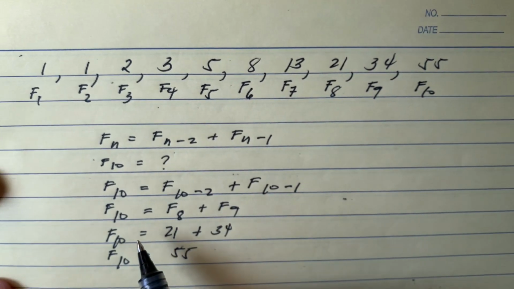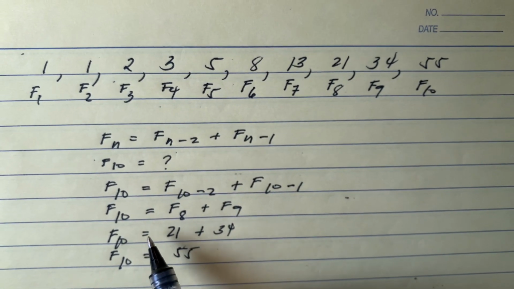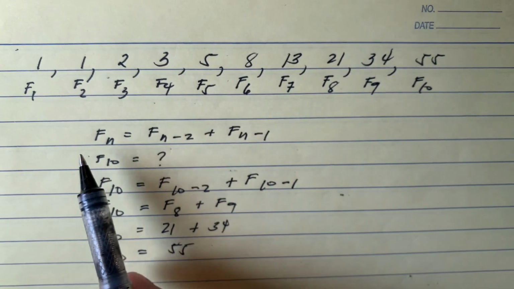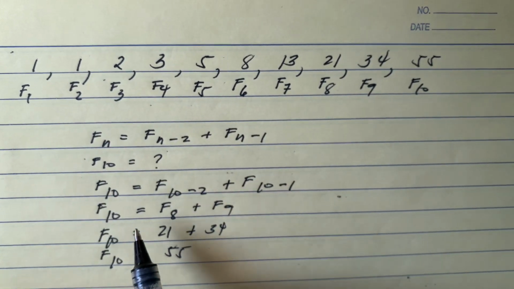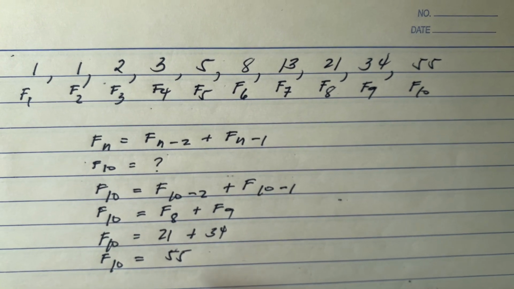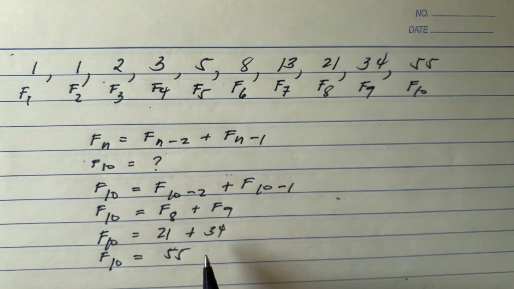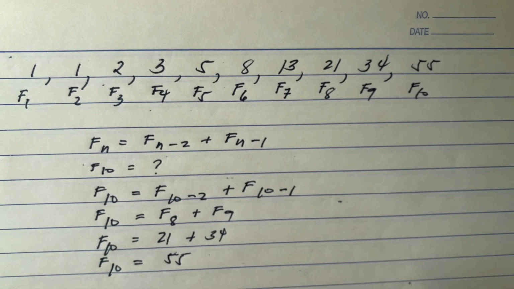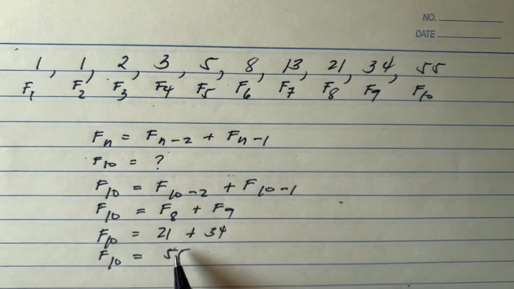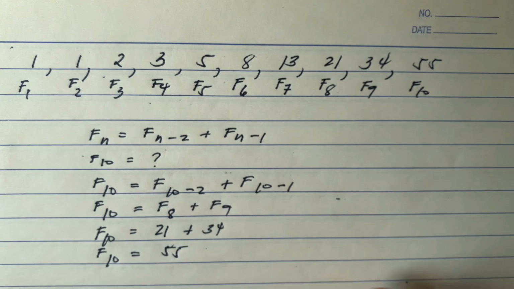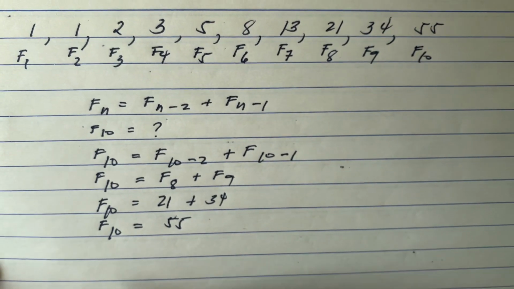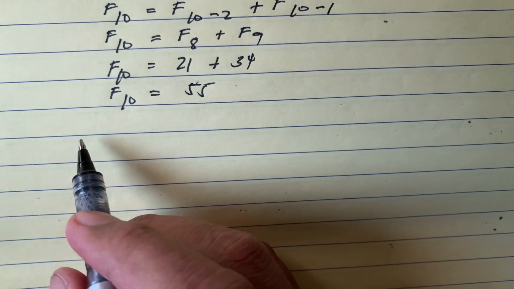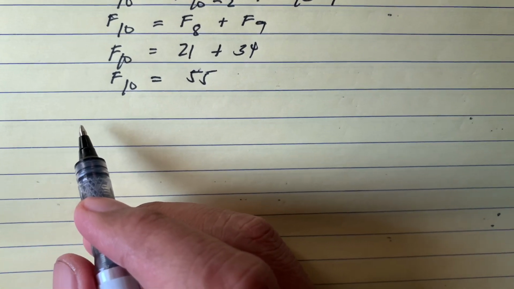So this is now the way in finding the desired Fibonacci number by simply applying this formula. And to find out the desired Fibonacci number, we are just going to add the two last terms.